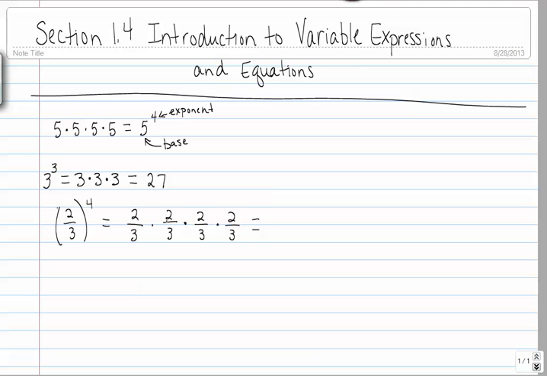So 2 times 2 is 4, 4 times 2 is 8, 8 times 2 is 16. So you'd have 16 on the top. And then in the denominator, 3 times 3 is 9, 9 times 3 is 27, and 27 times 3 is 81. So you get 16 over 81. All right, any questions on exponents?